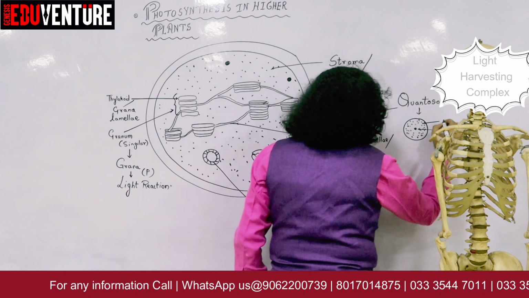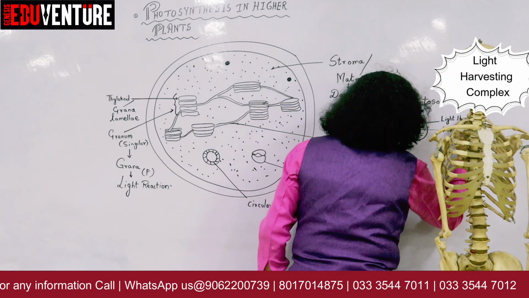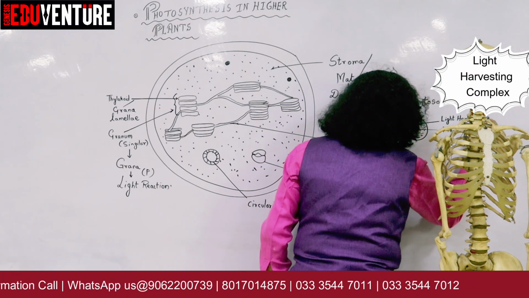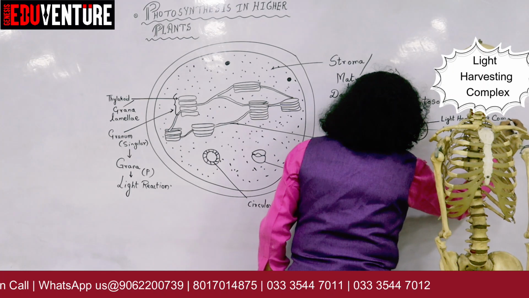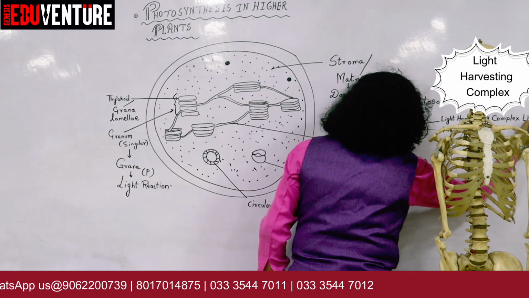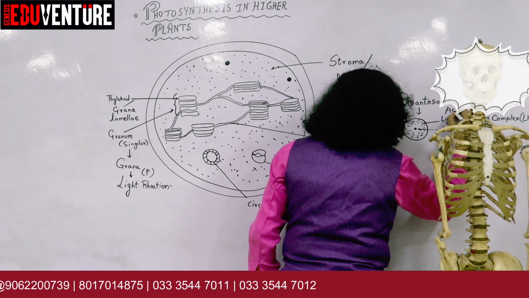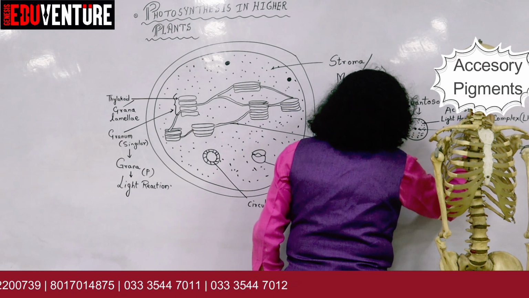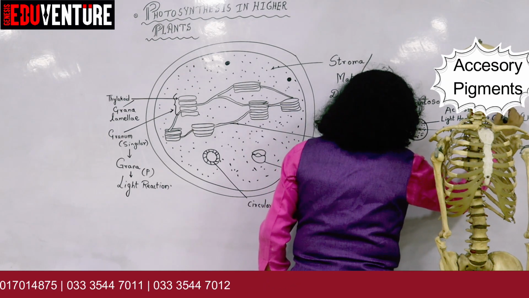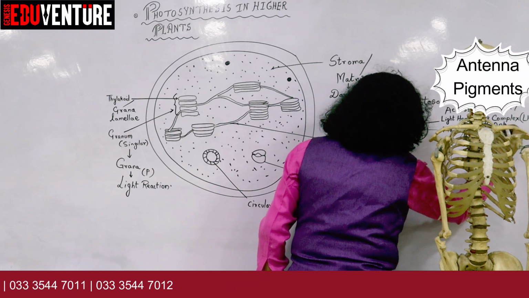So they are known as the light harvesting complex, or you can also write it as LHC. They are also known as accessory pigments, or simply antenna pigments.